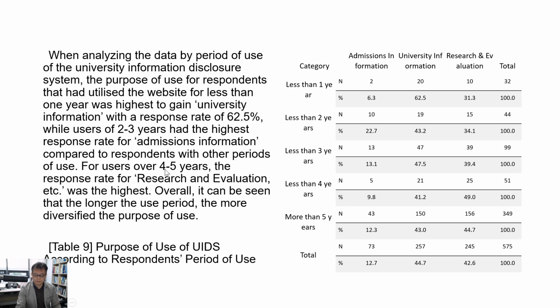For users of 4 or 5 years, the response rate of research and evaluation was the highest. Overall, it can be seen that the longer the user period, the more diversified the purpose of use.